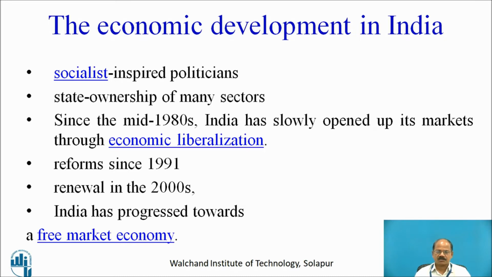The reforms were almost compelled on us in 1991 in order to ensure that we would regroup and advance in a better economic manner. It was again renewed in the 2000s. India has progressed towards a free market economy. But still, we find a blend of market-driven economy as well as government-driven economy woven together.